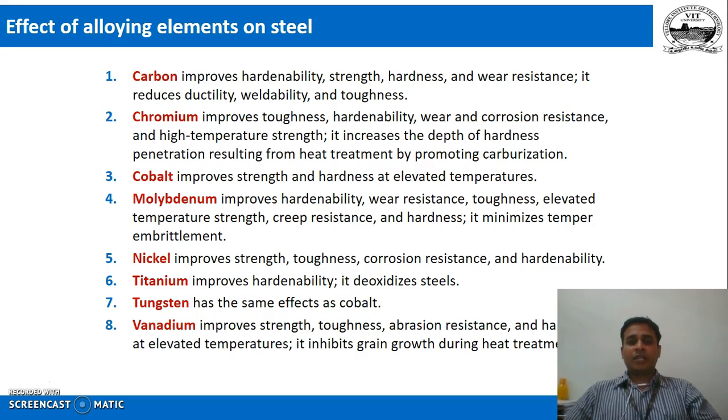Similarly, the strength, hardness and wear resistance also increase with carbon addition. Similarly, if you add chromium, you can improve toughness, hardenability and so on, and more importantly it improves the corrosion resistance. Similarly, with cobalt and other elements, you can see what the effects of each of these alloying element additions are on the steel.